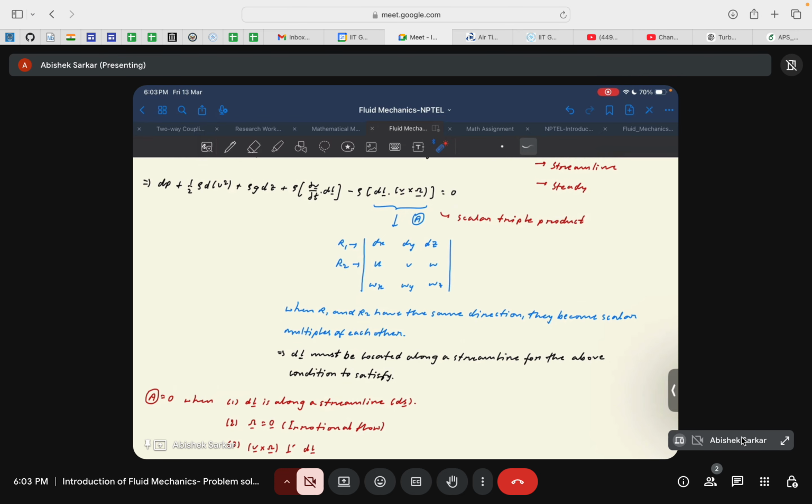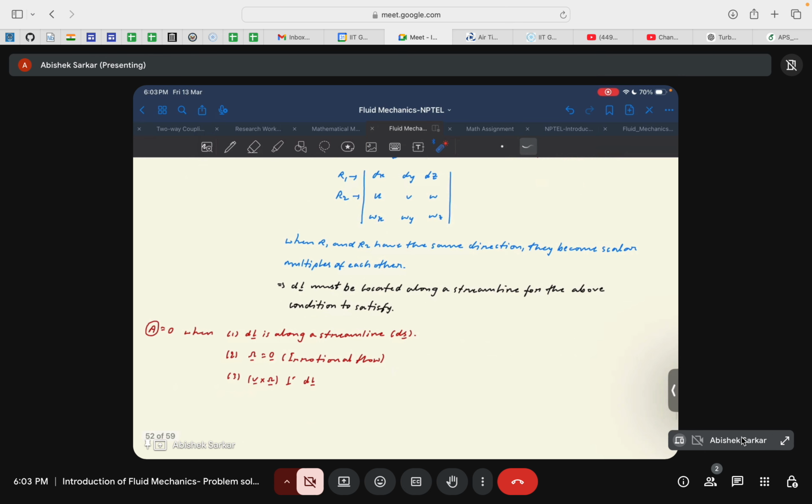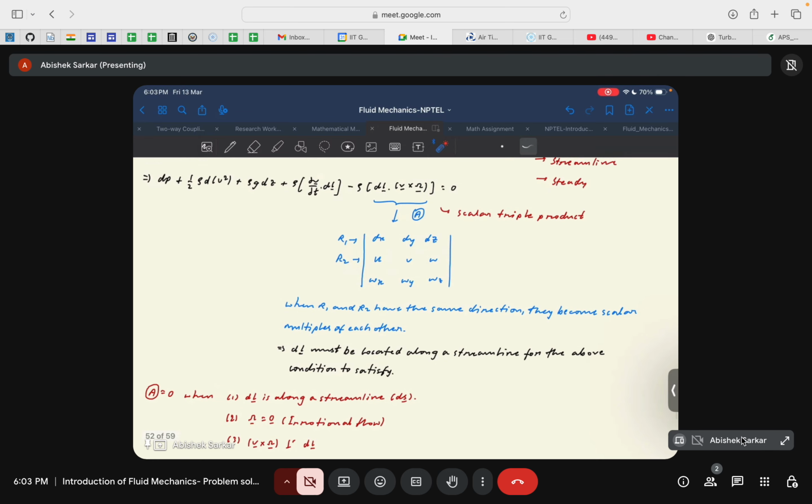Maybe in some special research analysis they may do it, but for most cases we do not really consider this third case. But if somewhere the flow is rotational as well as not along the streamline, and if this third condition is satisfied, then also, fortunately or unfortunately, this term becomes equal to 0.